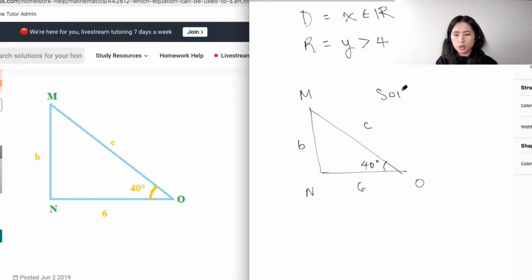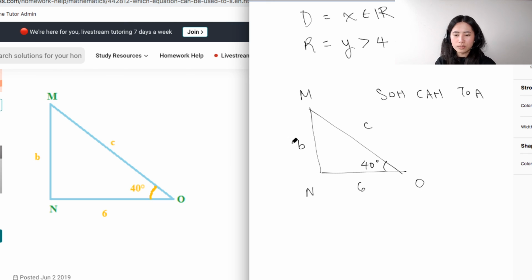If you have SOHCAHTOA in your head, and you're looking at 40 degrees, you wouldn't really pick sine because you're referring to the opposite side and also your hypotenuse. Well, if you have B and C as unknowns, you can't really solve for anything, right? So that means you want to keep your unknown just one.